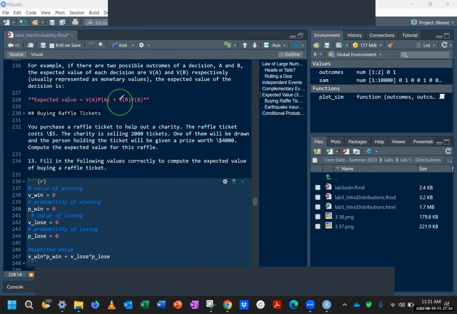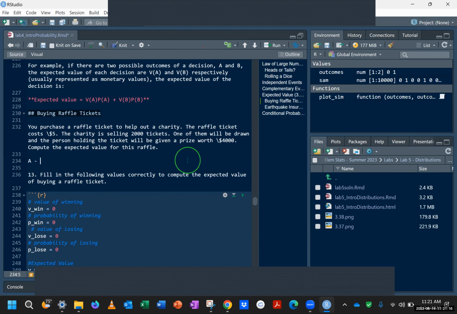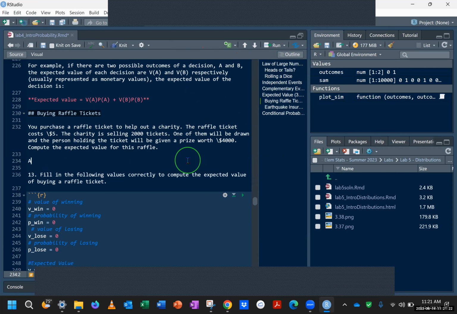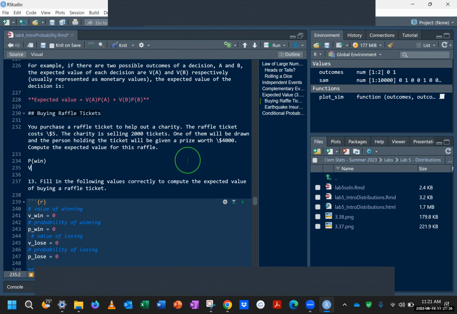Hope you can see that this formula is the same thing as this. I've just considered that A is winning. So if A is win, what is the probability of winning and the value of winning?